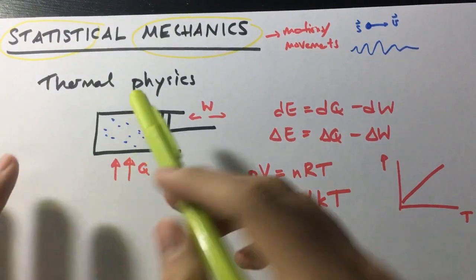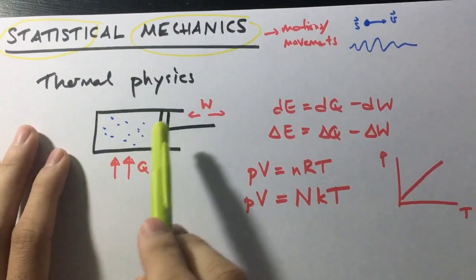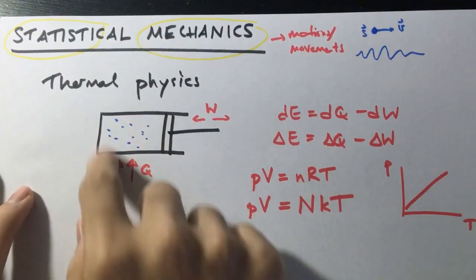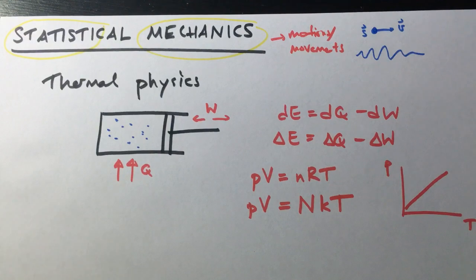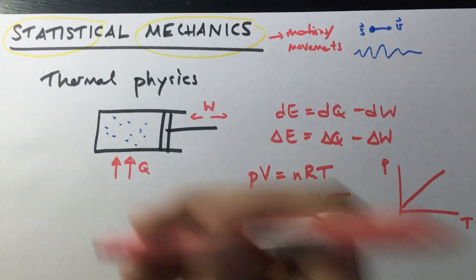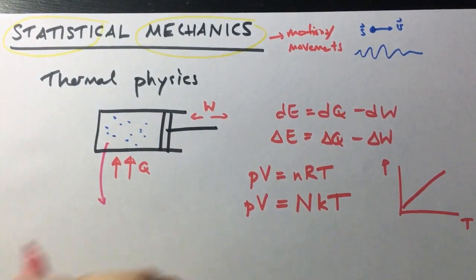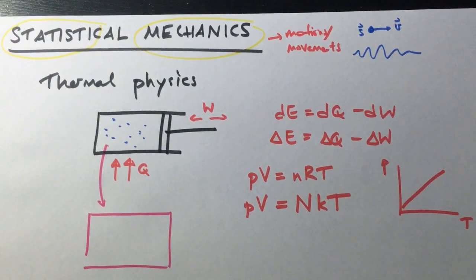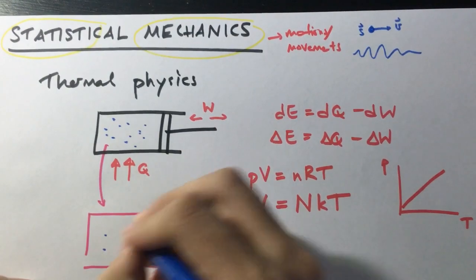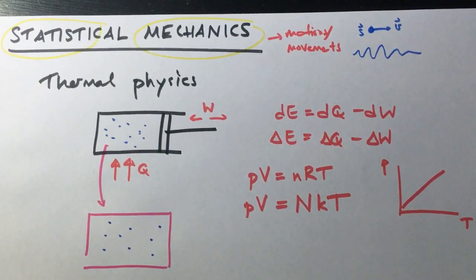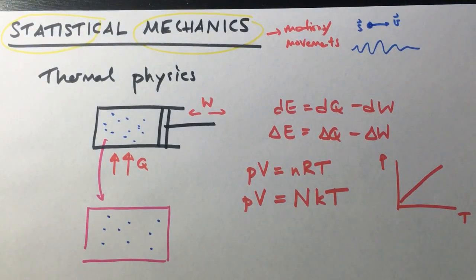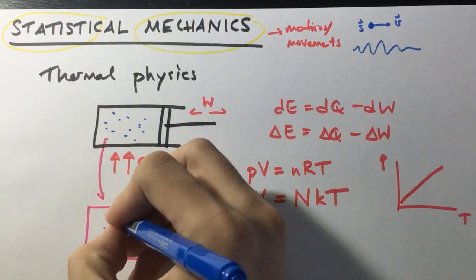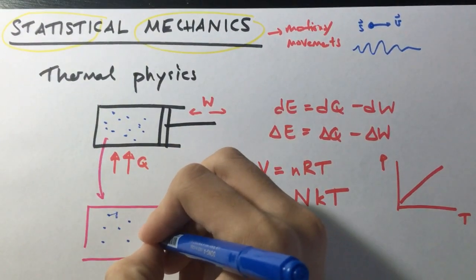Well, go back to this example that I had of the gas particles in a box. If I want to do any meaningful physics with this system of particles, then I'd have to consider all the particles within that box. For example, if I want to measure the pressure of the gas, maybe I have to consider the motions of each of the individual particles and how they would move. How does that particle move? What would its velocity be?